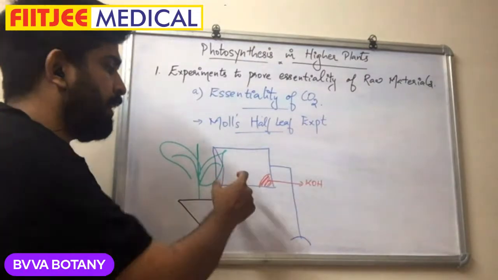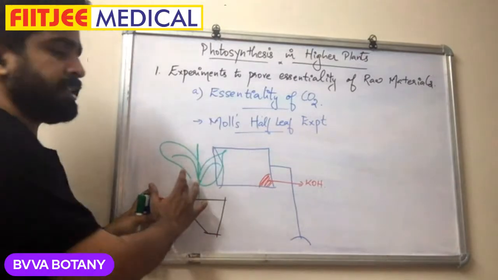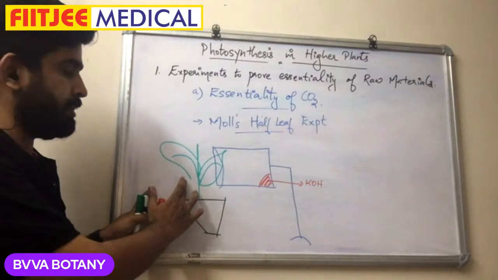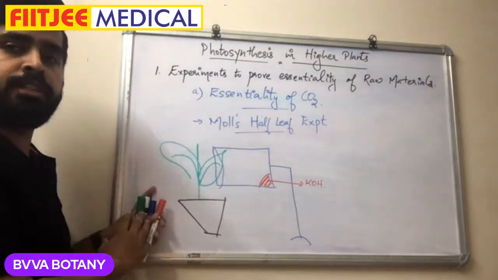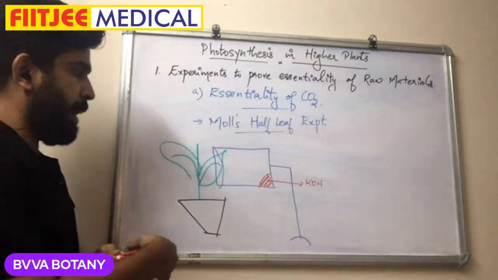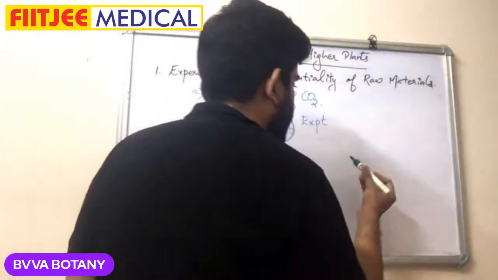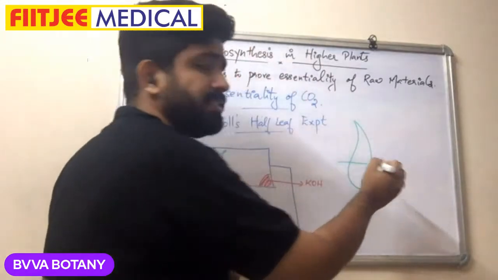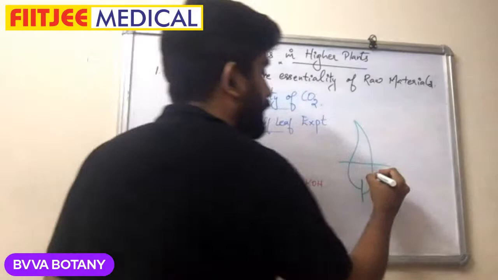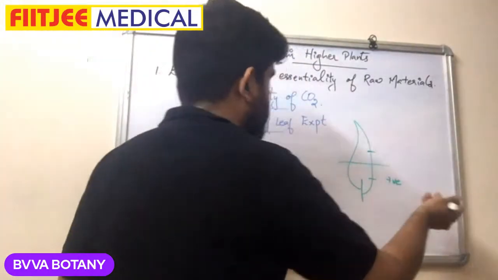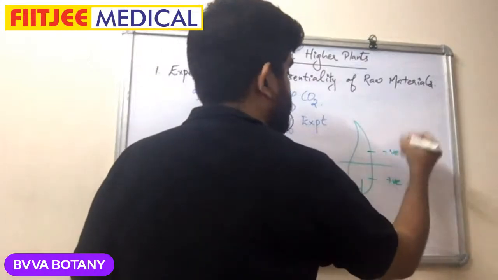After some time, we expose the experimental setup to sunlight and then go to the starch test. After the starch test, it was clear what happened. The half of the leaf which was not inside the jar gave a positive result for the starch test, and the region inside the jar gave a negative result.